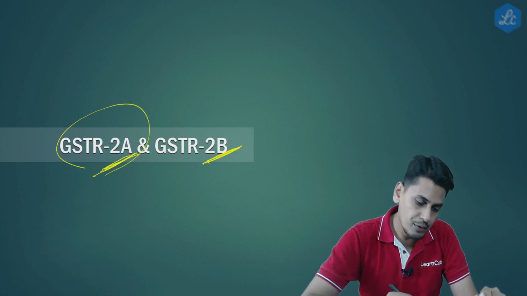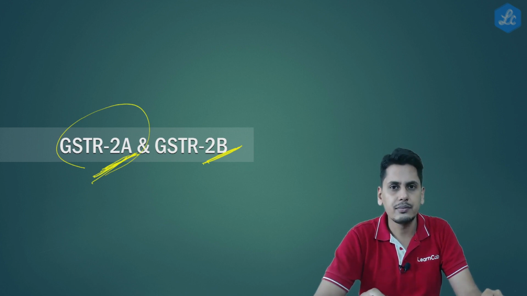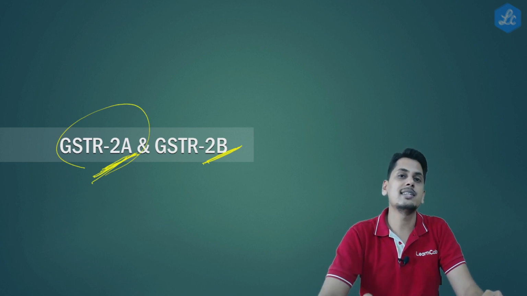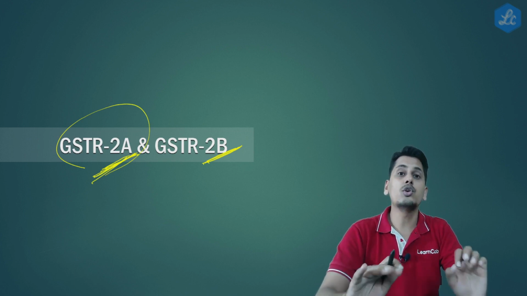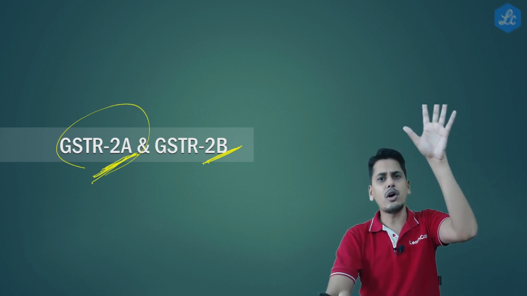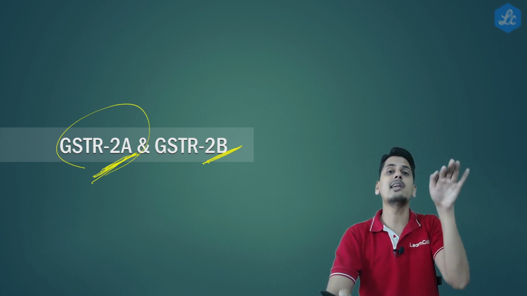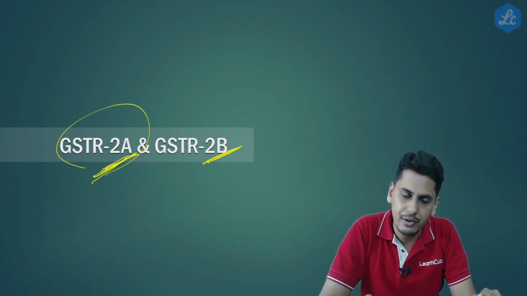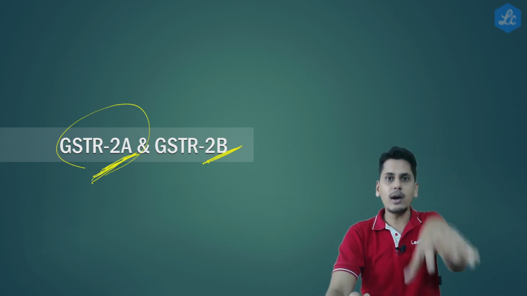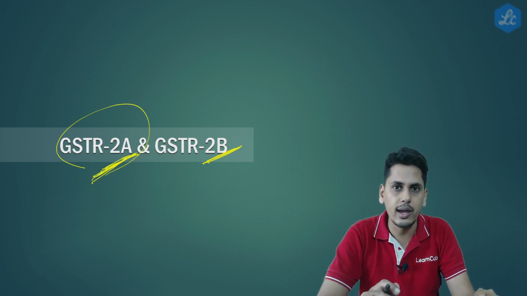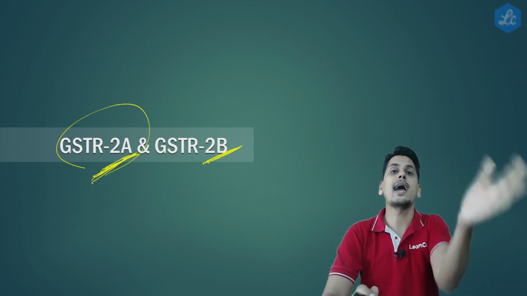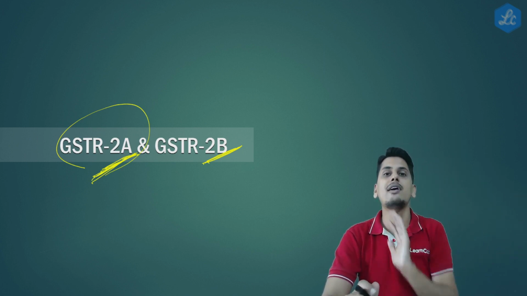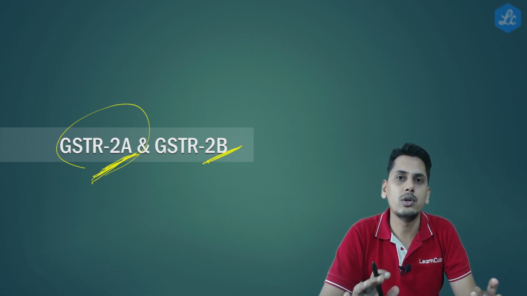Now friends, if you look into GSTR 2A, you do not get the data. You will get the list of all the invoices which are included in a particular GSTR 1 tax period, but you will not get to bifurcate, out of all the invoices appearing in GSTR 2A, which of them were filed prior to due date and which were filed after due date. That is not going to be visible to you.